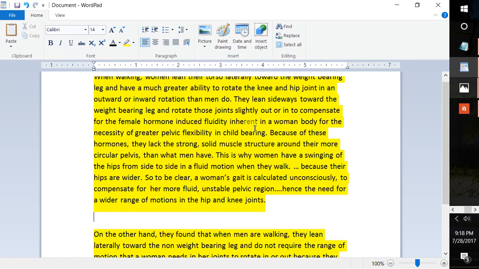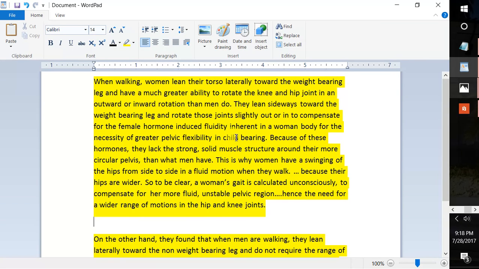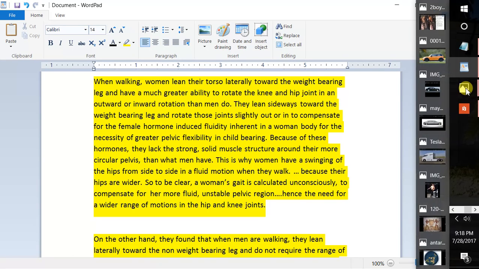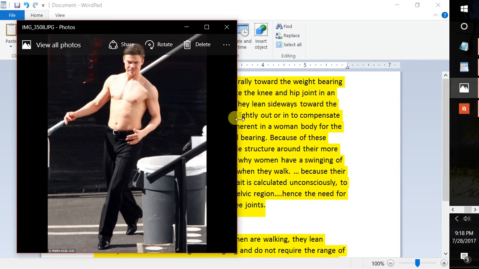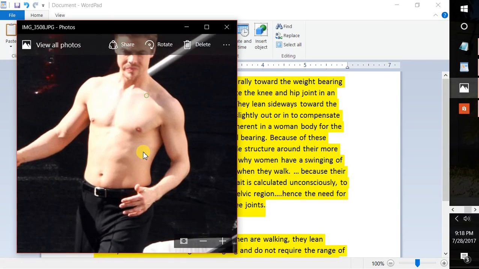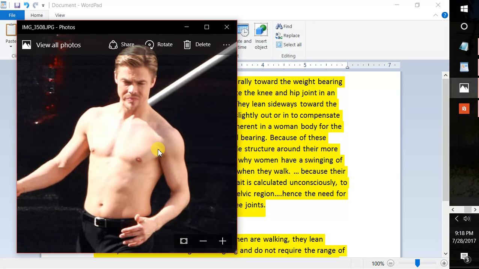Now, Angie gave me an article to read up on, and she was talking about the differences in how men and women walk. The reason she did that was because she saw this particular picture. This is a picture of Derek, whom we are featuring in this video.